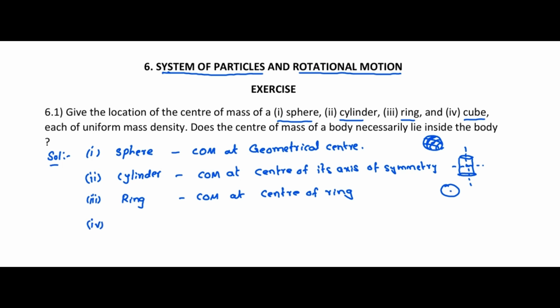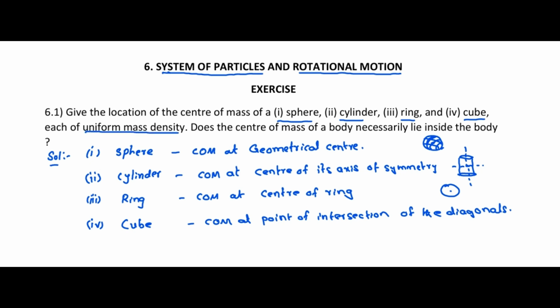While coming to fourth one, for cube, center of mass locates at point of intersection of the diagonals of the cube. So these are the points where the center of mass locates for the bodies if they are having uniform mass density.